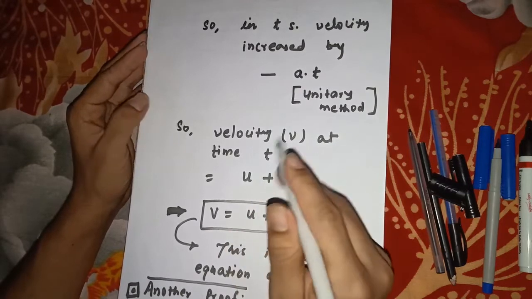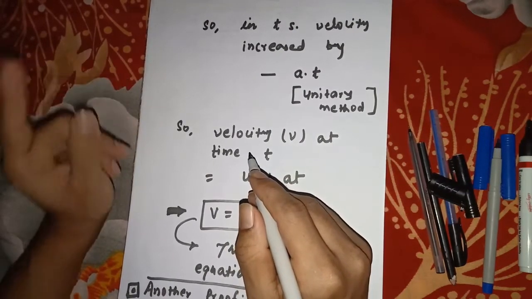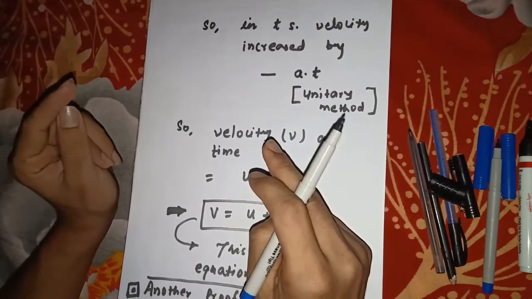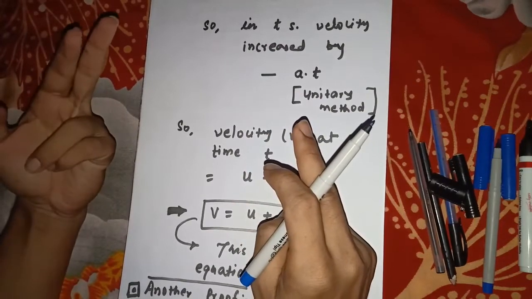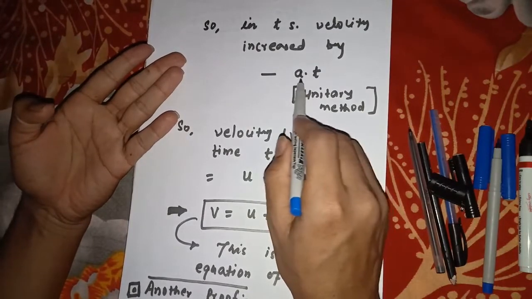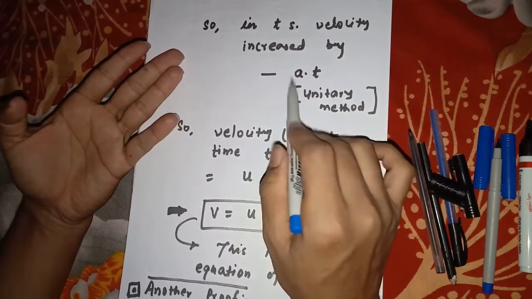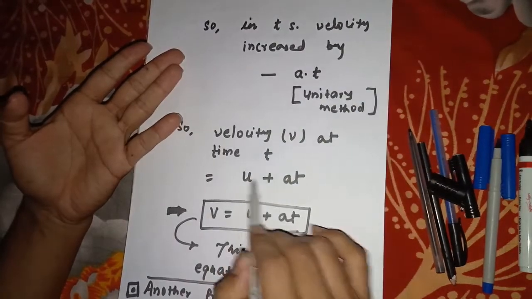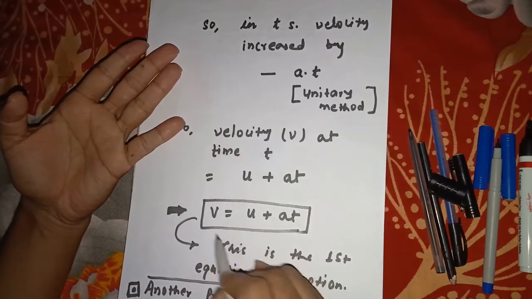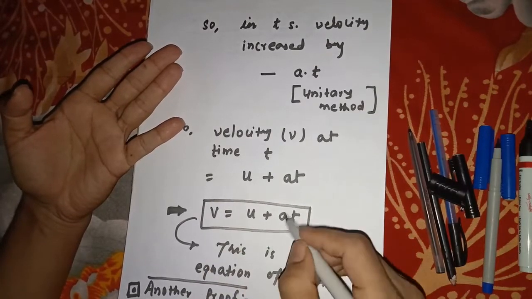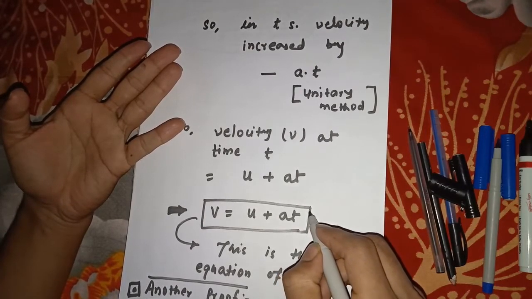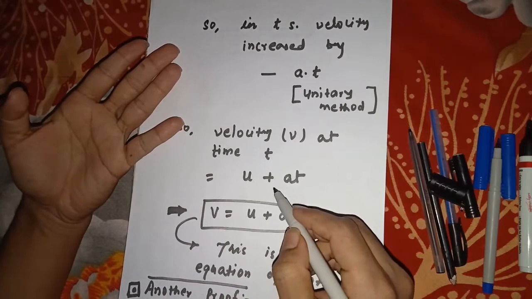Because in 1 second velocity is increased by a, in 2 seconds velocity is increased by 2a, in 3 seconds by 3a, in t seconds velocity is increased by a into t. So the final velocity must be the addition of u. Have you got it? So the final velocity becomes v equal to u plus at. This is the practical interpretation of rate.